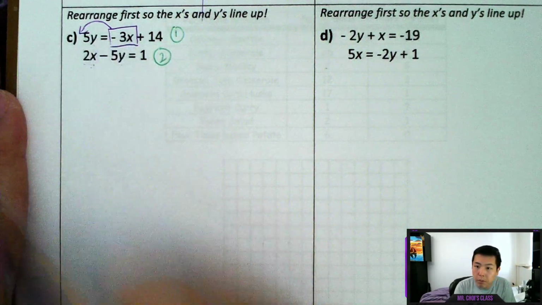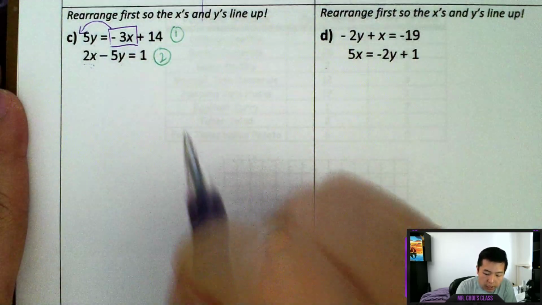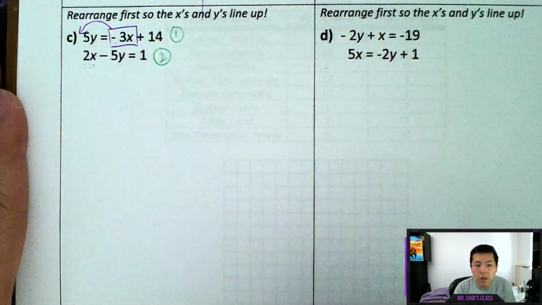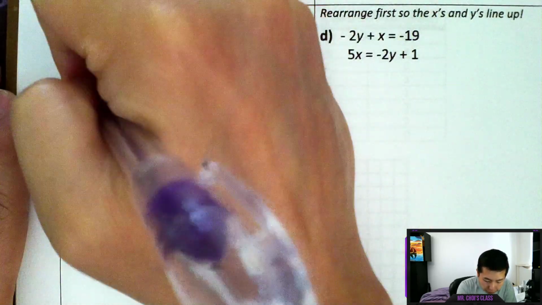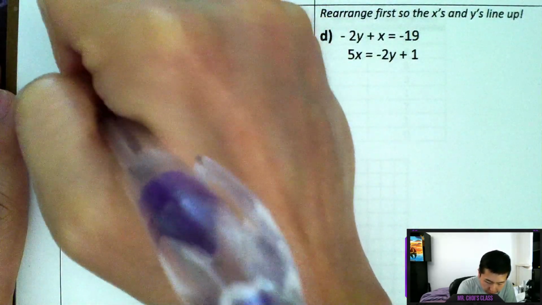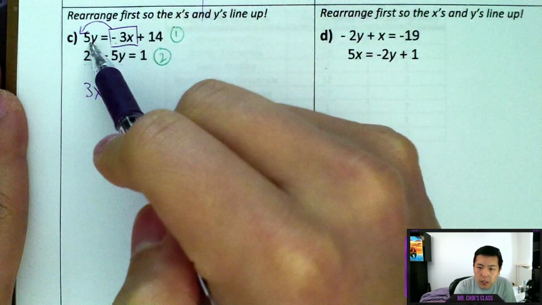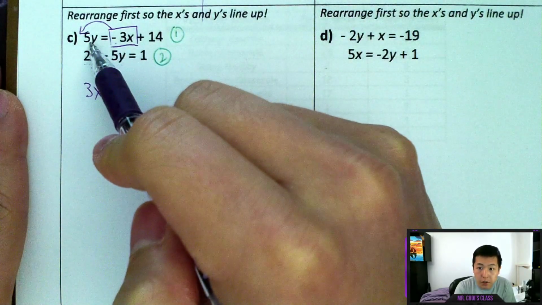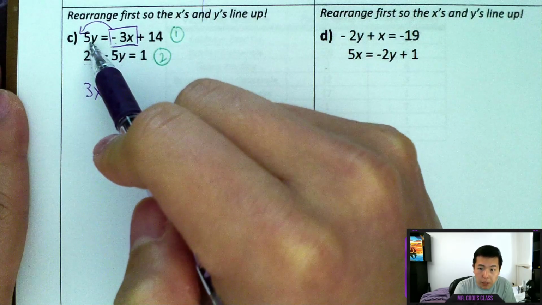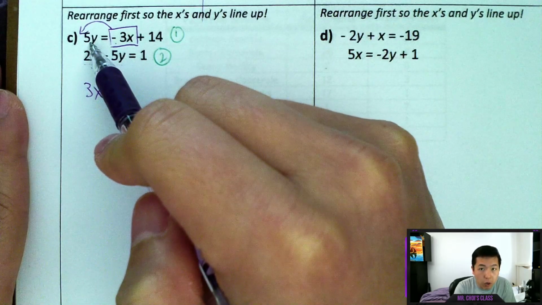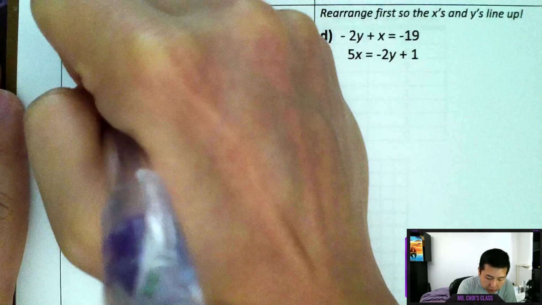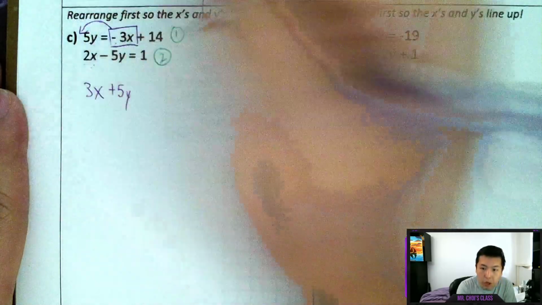So when we move the minus 3x to the other side, minus becomes plus. So this is what I'm going to write here. I'm going to write 3x, positive 3x. Then I need to write the 5y because it's still there. But it's not minus 5y. That's already positive. So I'm going to write positive 5y.